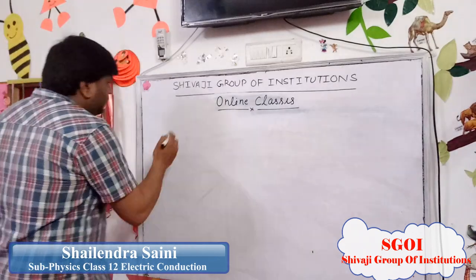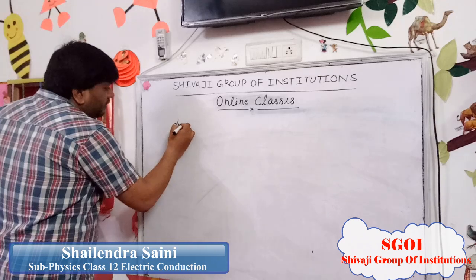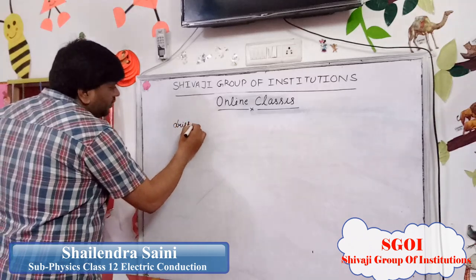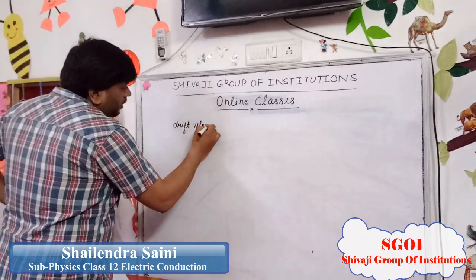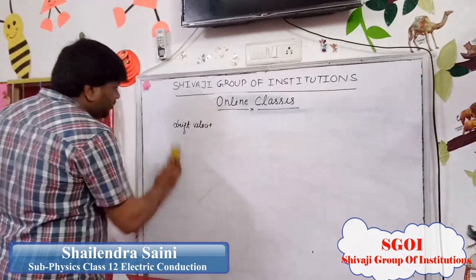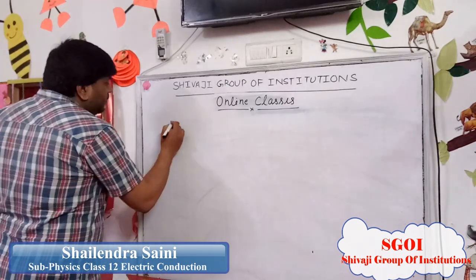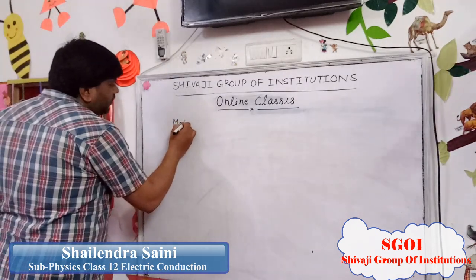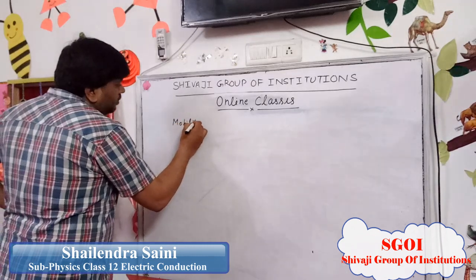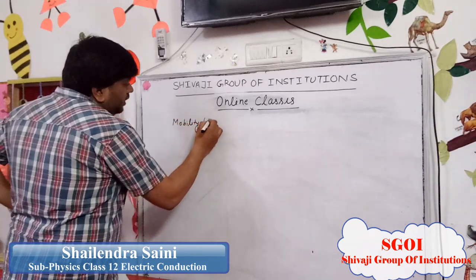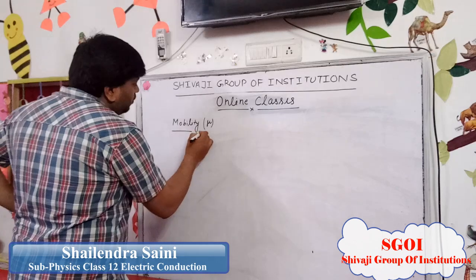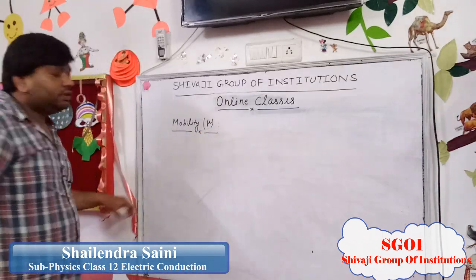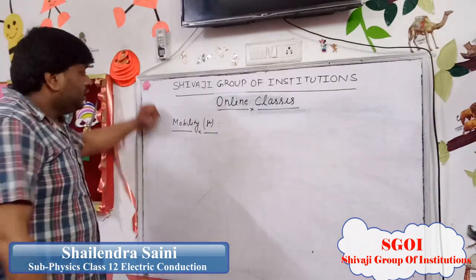Here we are defining mobility. We have already talked about drift velocity. Mobility is denoted by the symbol mu.